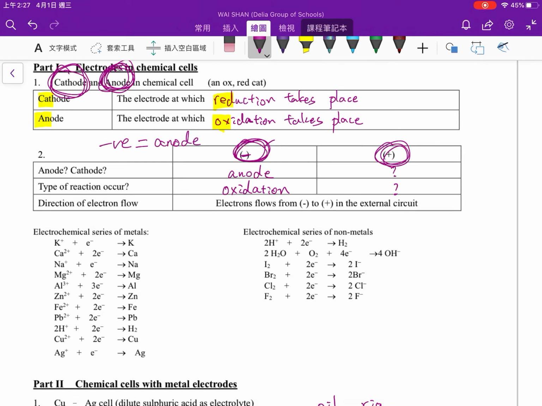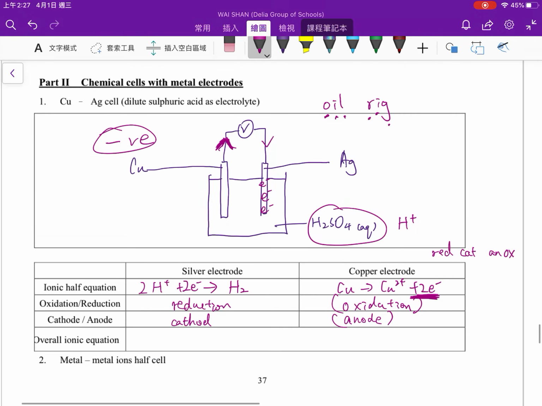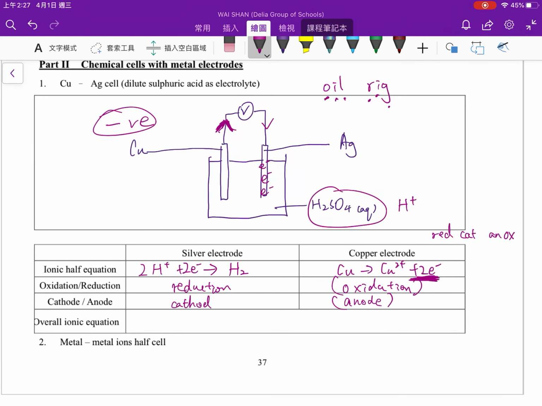I don't recommend you remember it like this, because in the next chapter you will learn another kind of cell, which is called an electrolytic cell, and it will be opposite. So you had better remember the definition. Cathode is the place where reduction takes place, so you find out the half reaction taking place at the electrode, find out whether it is oxidation or reduction, and then give the conclusion that it is anode or cathode.